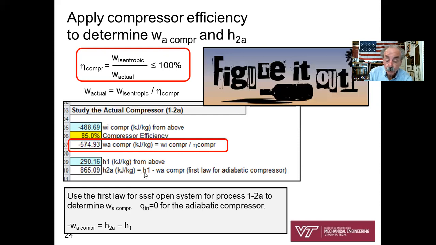H2A is going to be H1 minus the work actual of the compressor. That's the statement of the first law. Q, 0, minus W equals H2A minus H1. There it is. Oh, I see. I just wrote it down here. Q, 0, minus Wa of the compressor equals H2A minus H1. So H2 actual is 865.09 kilojoules per kilogram, a bigger number than H1. Makes sense. We're adding work to the ideal gas air.